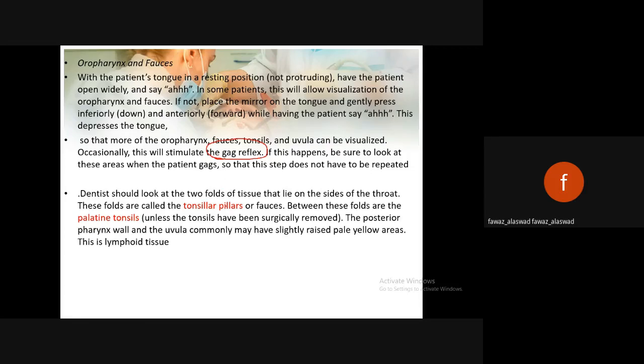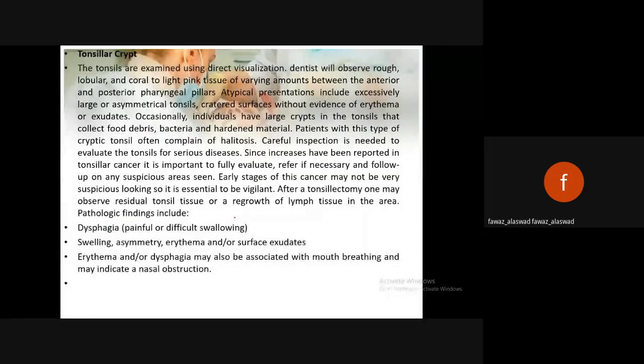This is what we talked about, patent tonsils. The posterior pharyngeal wall and the uvula have a slightly raised papilla and yellow area. It's what we call lymphatic tissue, lymphoid tissue. Enlargement of the tonsils sometimes may be associated with a pathological condition, like dysphagia, and this may occur due to post-nasal drip.